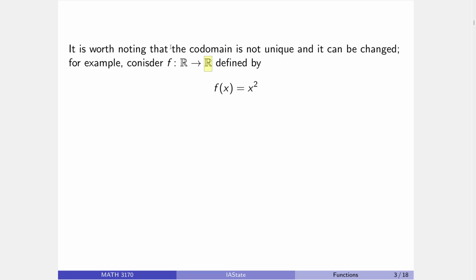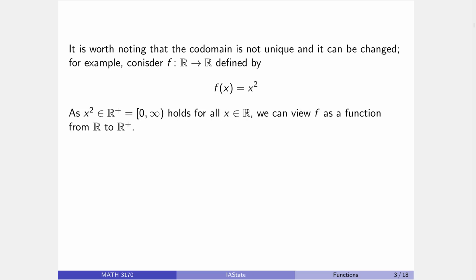Completely valid definition and announcement of a function, but note that we know something about x squared. x squared is always positive. Specifically, it's always greater than or equal to 0, so it hangs out on R plus, and again, our notation for it is this. So this function, we can view it instead of as a function from the reals to all of the reals, we can more efficiently view it as a function from the reals to the non-negative reals.